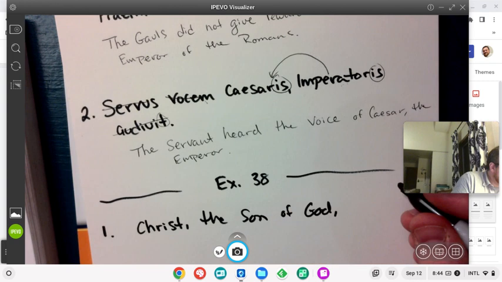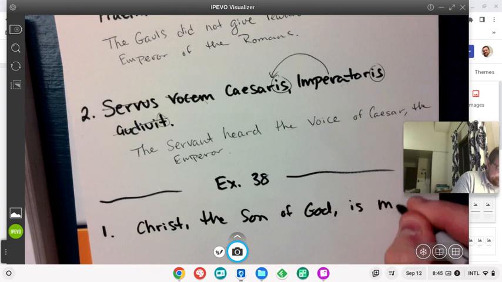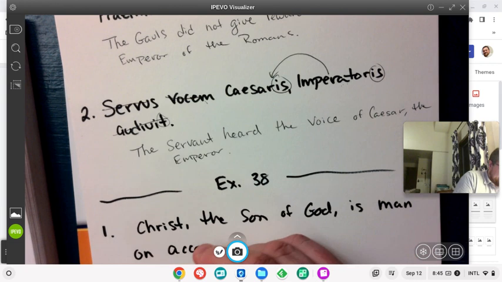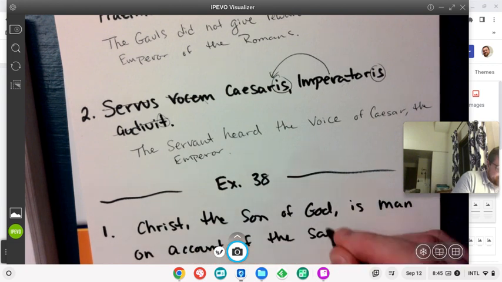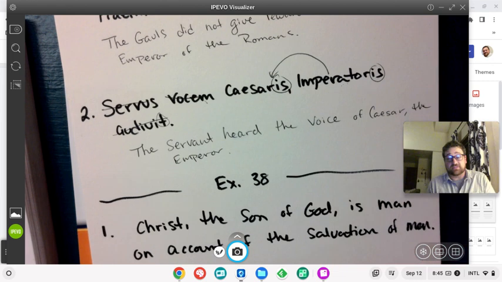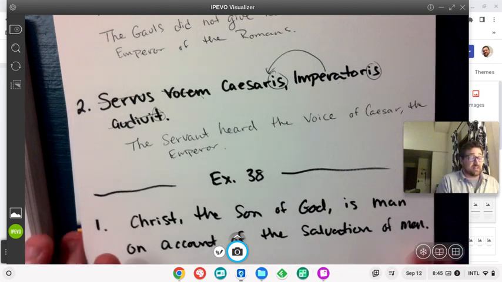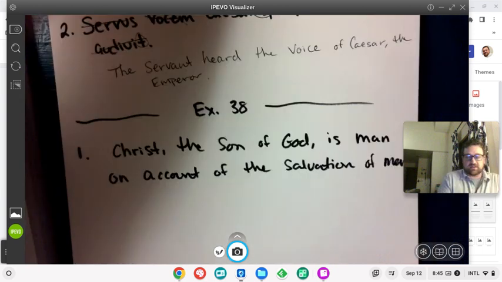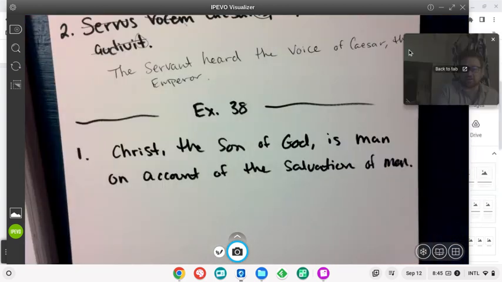Comma, is man on account of the salvation of men. Okay, so there's a lot going on in here. There's a lot of things that we've studied so far for us to review in doing this sentence, which is why it's a good first one for us to do.